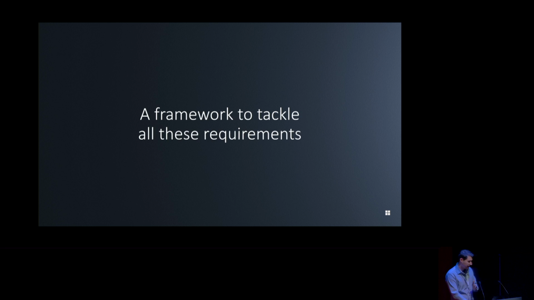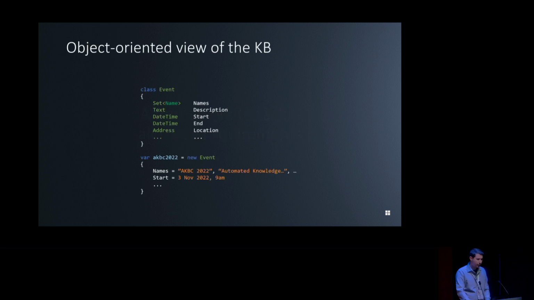So let's see. I'll also build this up as I go. So I'll start from the way we see the knowledge base, and it's kind of an object-oriented view of the knowledge base, which I don't know if everyone can relate to, but I try to depict it here in pseudocode. So we have an example of an entity type, which in this case is an event, and then there is an instance of this type, which is the actual entity.